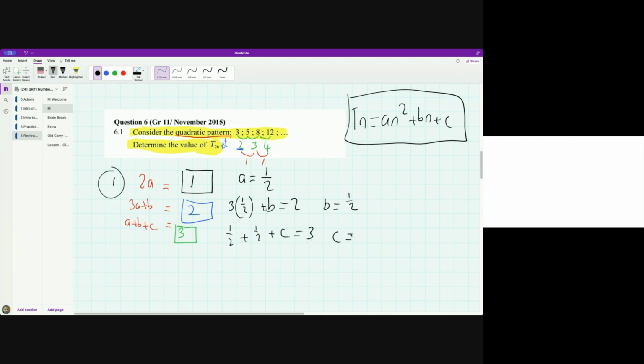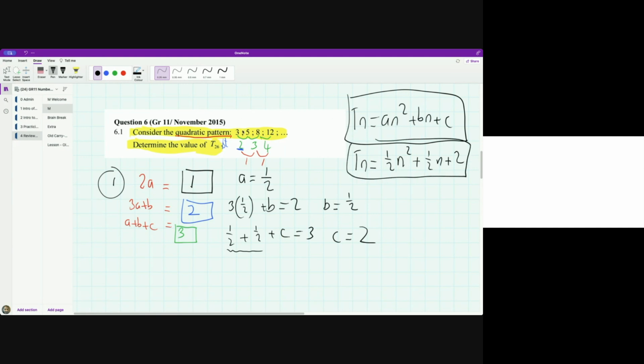What is C going to be? So these two go together to make 1, but I bring it other side. So C is 2. And the quadratic number pattern's formula is going to be that.